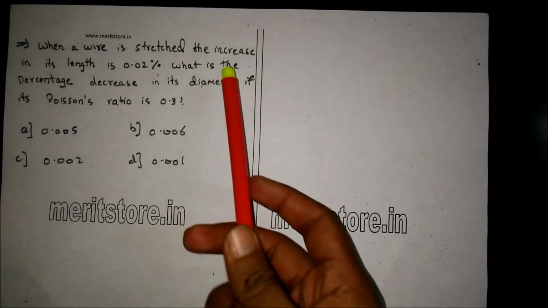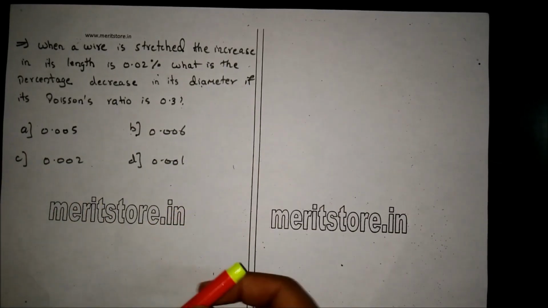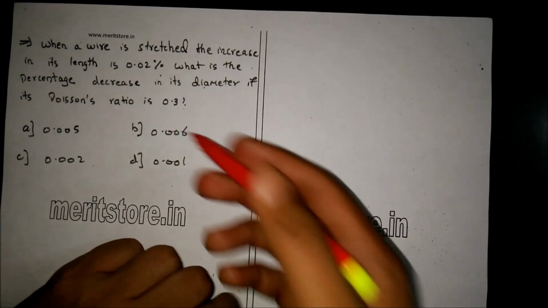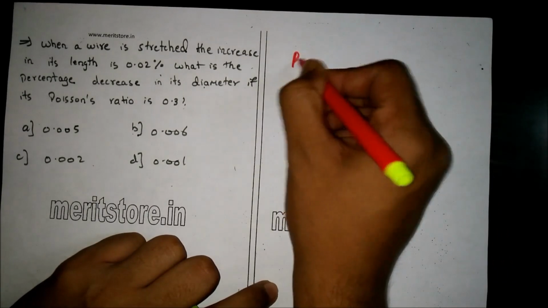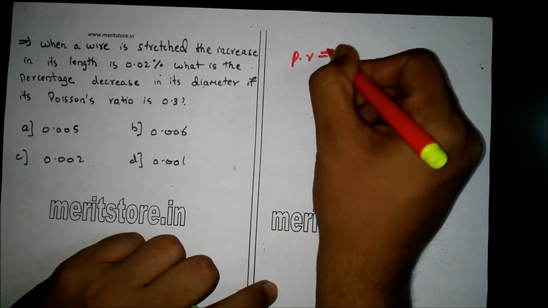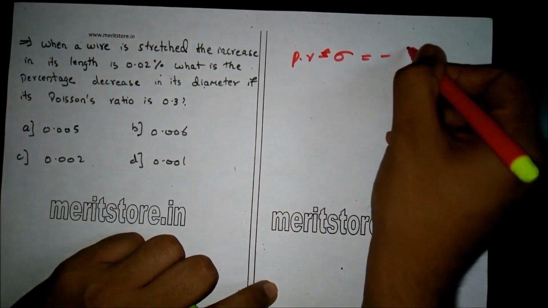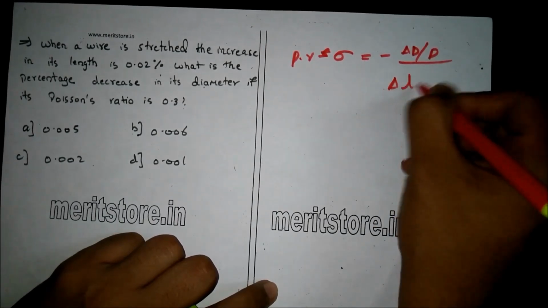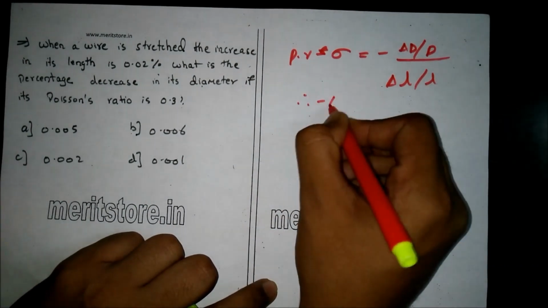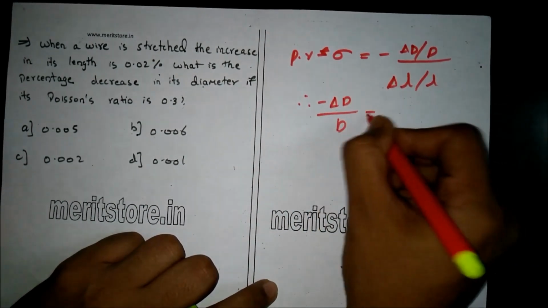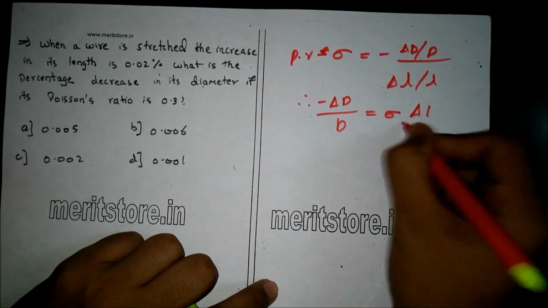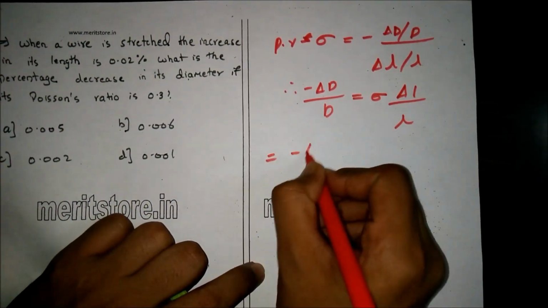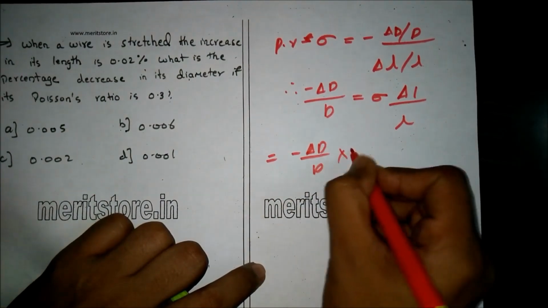When a wire is stretched, the increase in its length is 0.02%. What is the percentage decrease in its diameter if its Poisson's ratio is 0.3? Here are the options. Now, the Poisson's ratio is given by minus delta D upon D divided by delta L upon L. Therefore, minus delta D upon D will be equal to the Poisson's ratio into delta L upon L. And the percentage decrease in diameter is given by minus delta D upon D into 100.